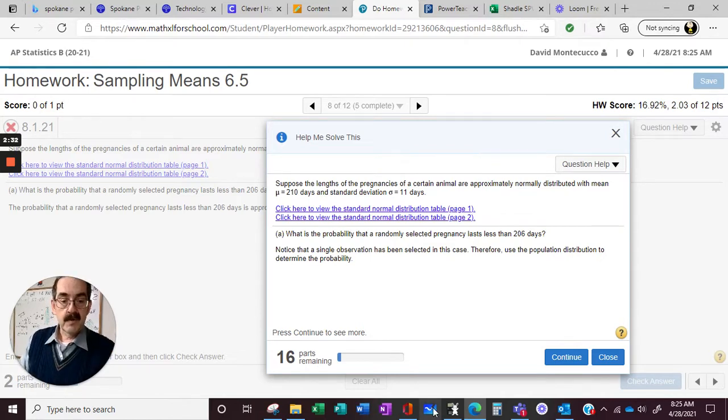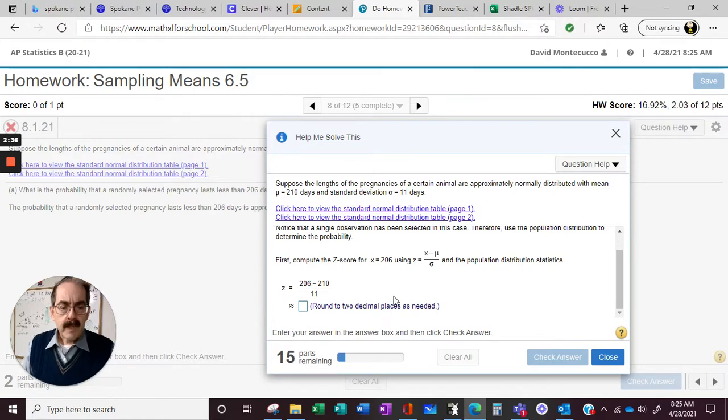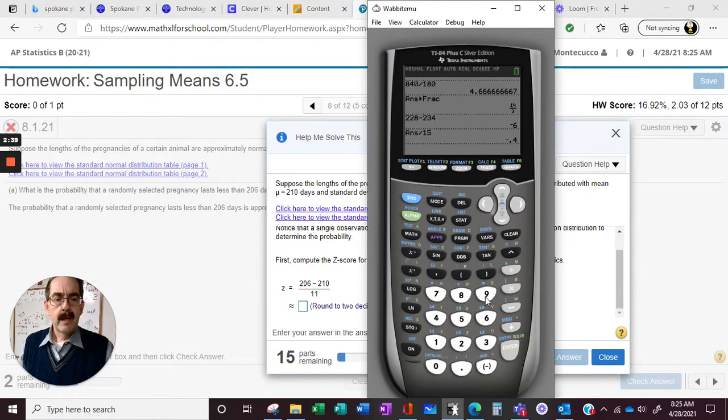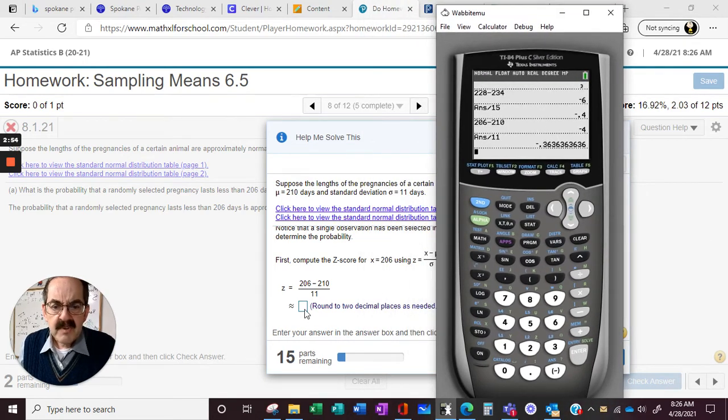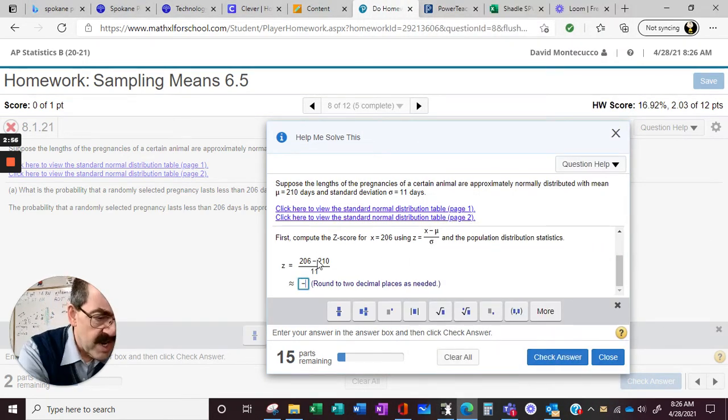All right, so as we walk through these calculations, we'll grab our calculator here, and what we got: 206 minus the 210, all divided by 11, and we're going to get negative 0.3636, so we can round that to negative 0.36.